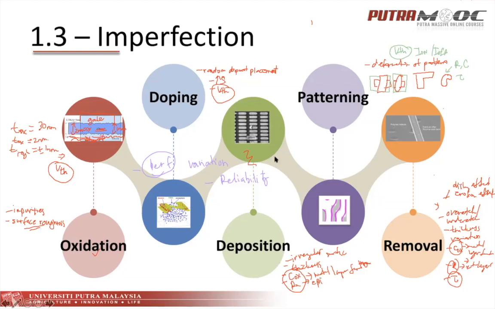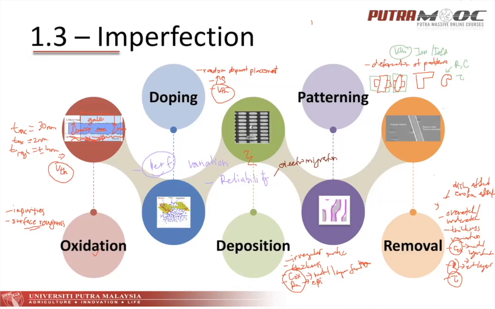So what kind of reliability issue was highlighted in the previous class? Can you recall any of it? Okay, I think I mentioned electro migration. Electro migration is one of the reliability issues. It happens after a certain period of time due to high current density in the metal tracks.